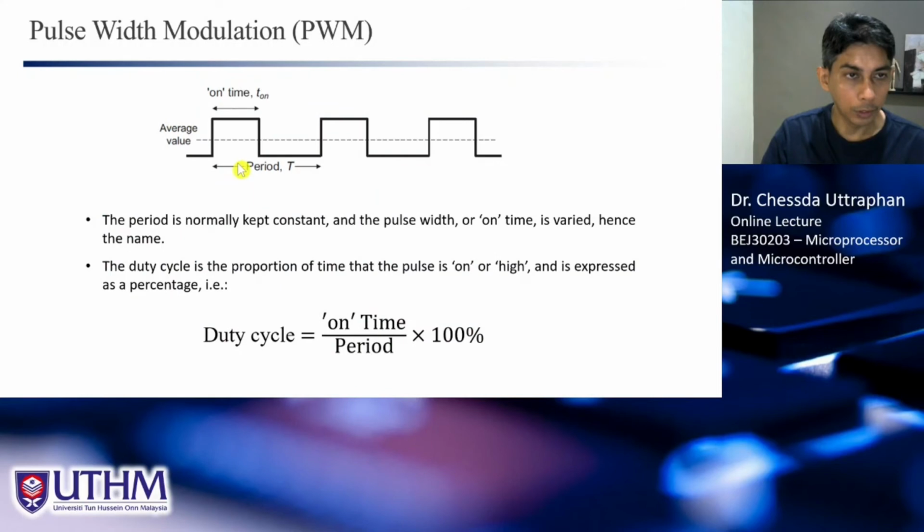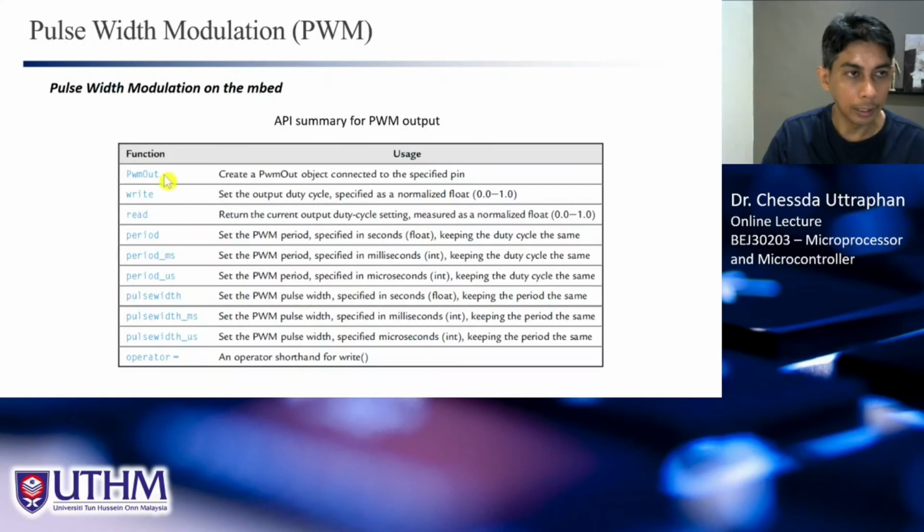So for the PWM signal, we call this part the period of the PWM signal, and this is what we call the on time, and the duty cycle is calculated as on time over period multiplied by 100%. In the mbed microcontroller, generating the PWM output is very easy and straightforward.